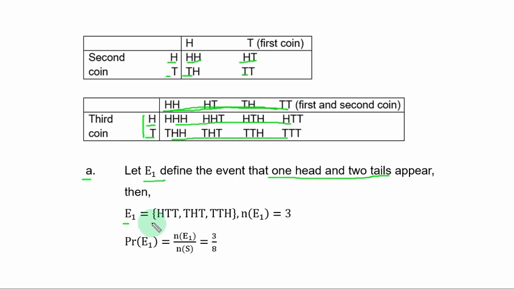When you do that, you have this subset, and you have three elements in event E1. Therefore, the probability that one head and two tails appear is equal to the number of elements in E1 over the total elements in the sample space, and that is 3 over 8, and it is in simplest form.